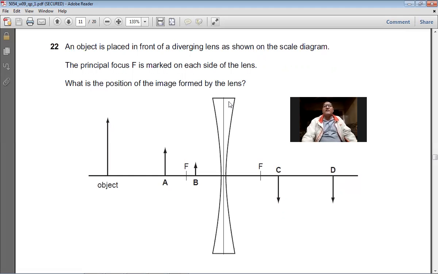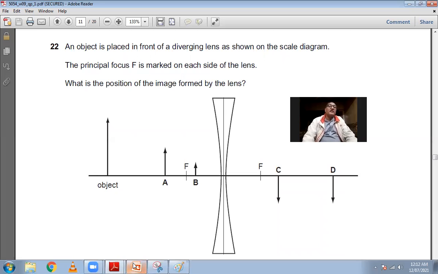And then I will join this point and the focal point, and the light will be diverged from here. The second ray, I will start from the head of the object and it will pass through the optical center undeviated. Where these two lines intersect, that will be the image.